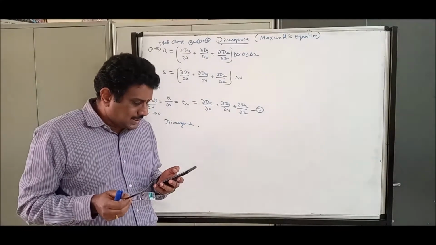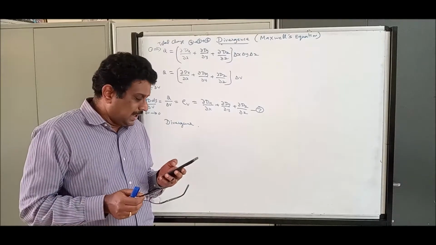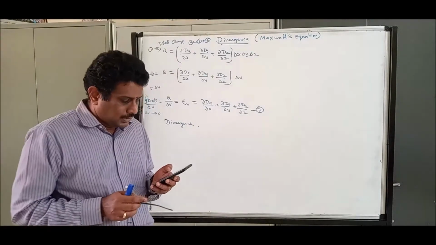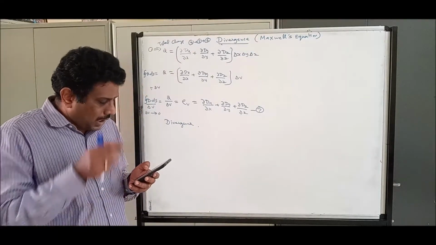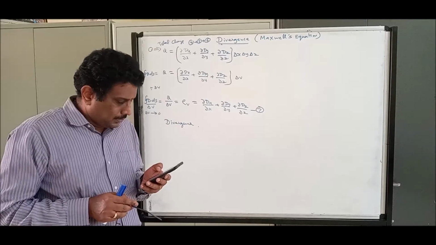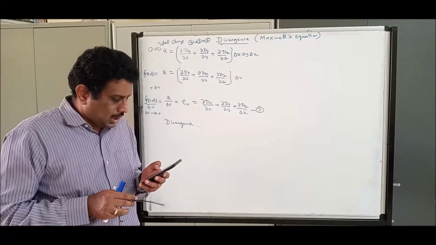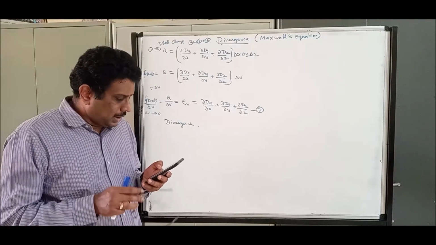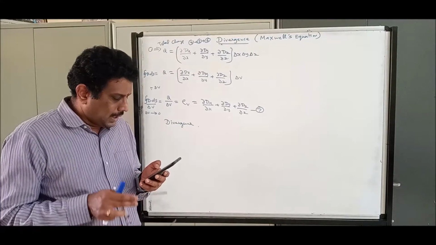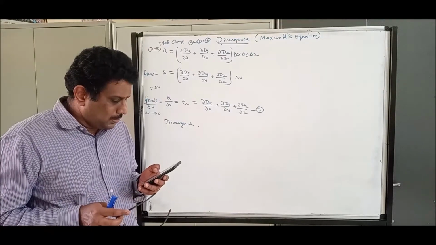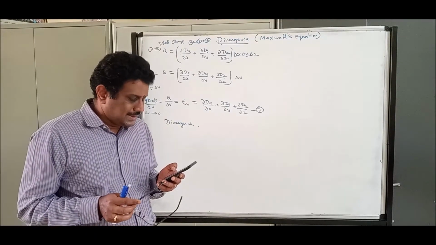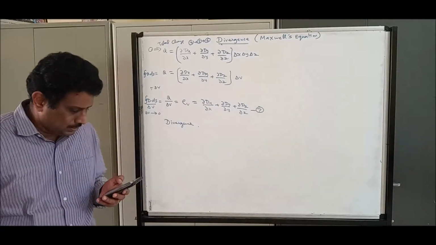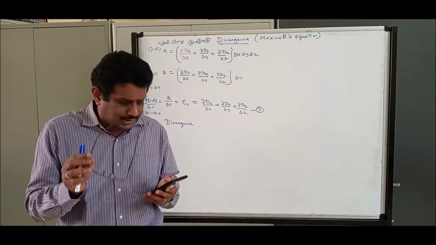The divergence of the vector flux density D is the outflow of flux from a small closed surface per unit volume as the volume shrinks to 0. So this is the concept of the divergence.